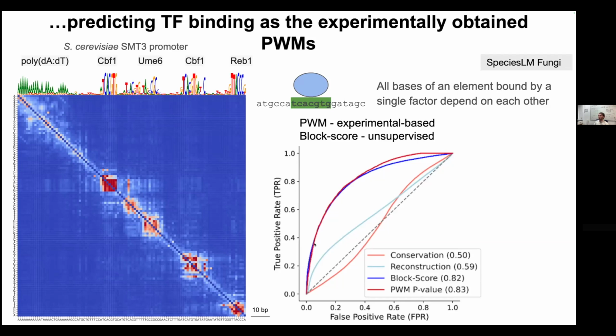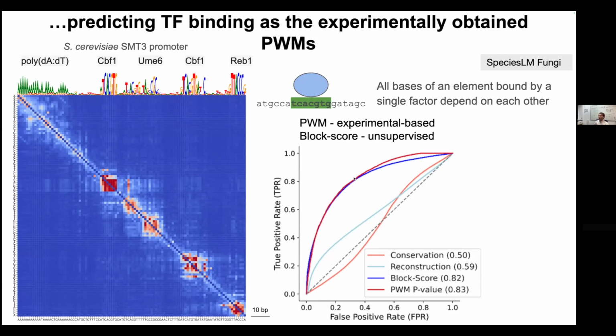So the blue line is the block score. And we can see that the performance is better than taking the reconstruction at the nucleotide or taking the conservation, here obtained by the fast-cons score. And it is actually at the level of the performance of the PWM, which has been experimentally determined.